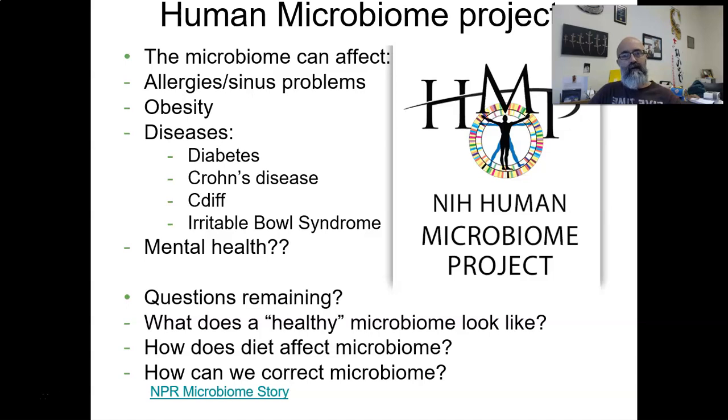Imagine the time, well, you don't have to imagine the time. Right now, if people get C. diff or IBS, there's almost nothing that can be done for that person, right? You can try to wipe out those bad bacteria with antibiotics, but that's sort of how we got here in the first place.